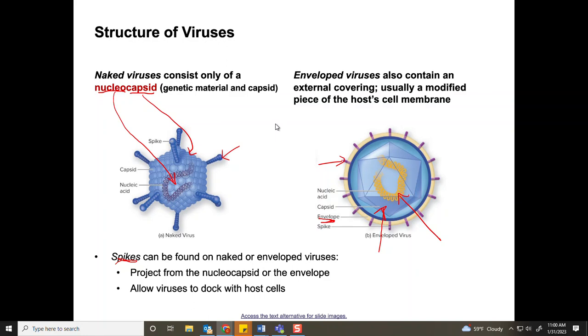They have to do this in order to infect a cell. So all in all, our naked viruses contain only the nucleic acid and a capsid, the nucleocapsid. Enveloped viruses contain both of those things, but also an envelope around it. And spikes are found on both that assist in docking of the virus to a host cell.